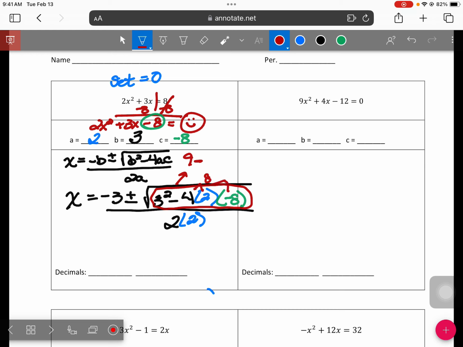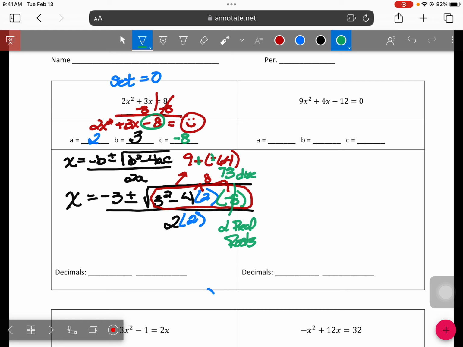And 8 times -8 is -64. We cannot have a double negative, so you add the opposite. And this is going to be a discriminant of 73. That's my discriminant. That tells me I am having 2 real roots.